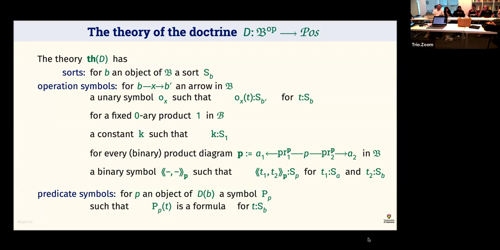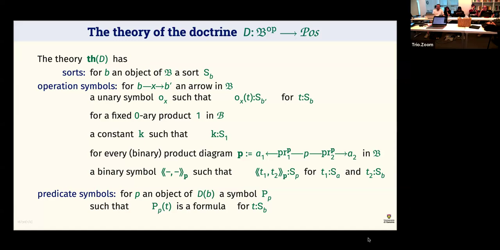We start with zero-ary products first. So in B, there are zero-ary product diagrams. What is requested is an object. So there is an object, let me call it 1, because I think of it as having one element in the category of sets.